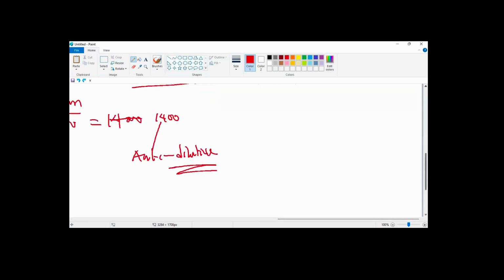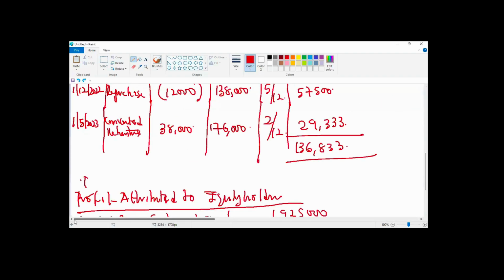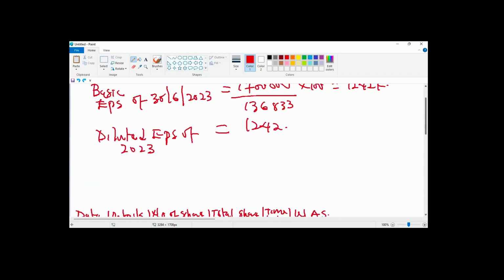It's 1.4, it's more than the basic. So it will not be inclusive. So the diluted will equal the basic. Is it clear? Yes, sir.